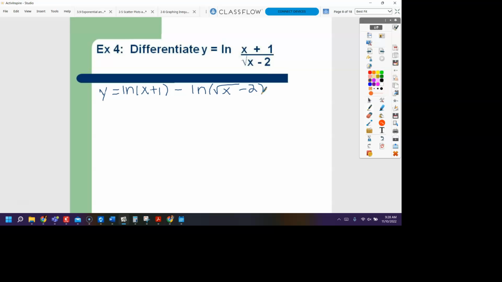So the first derivative is u prime over u. What's the derivative of x plus 1? The derivative of x plus 1 is 1 over u, which is x plus 1, minus, this is a little trickier, what's the derivative of square root x? I wrote on my paper just over the x, but we can do it over both if you want to.